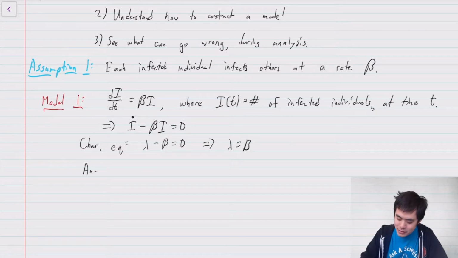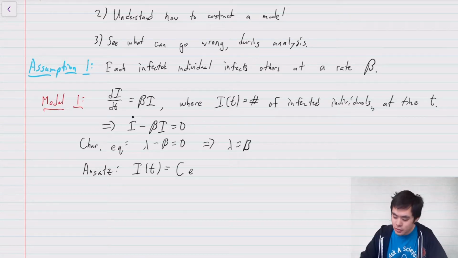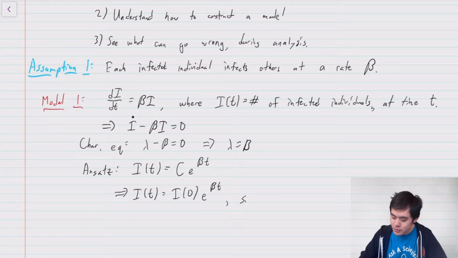That gives us an ansatz for the solution form, which is I of t is equal to some c times e to the beta t. And by substituting in t equal to 0, you get that I of t is equal to the initial number, I of 0, times e to the beta t, assuming time starts at 0, of course. So this is just exponential growth.